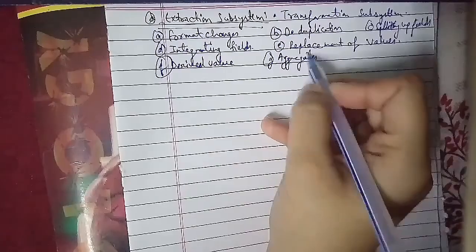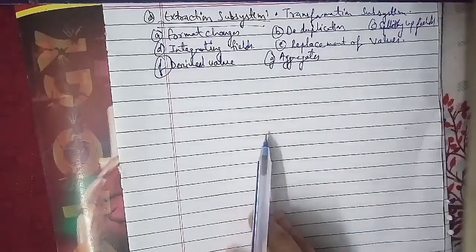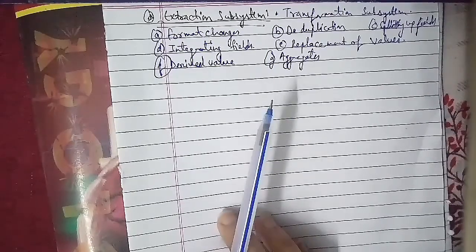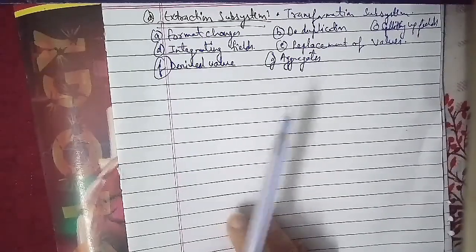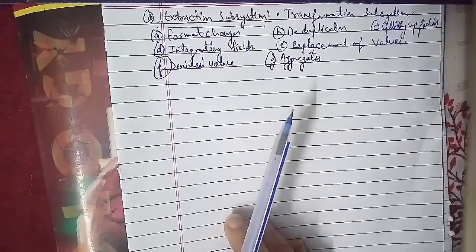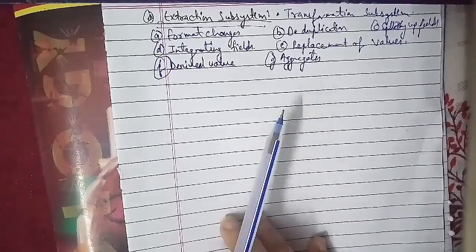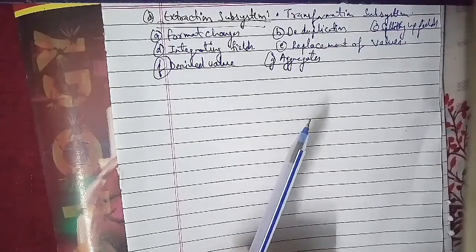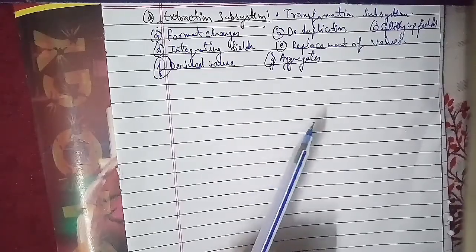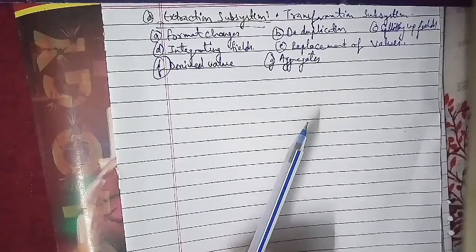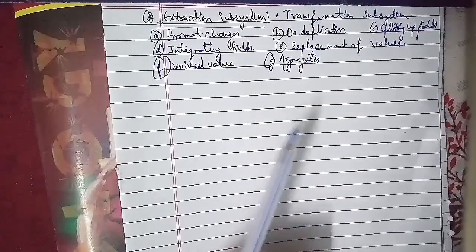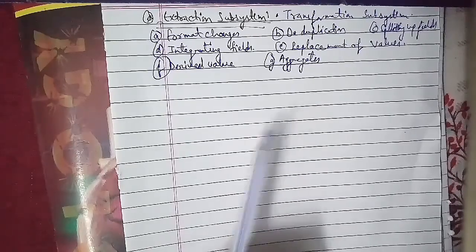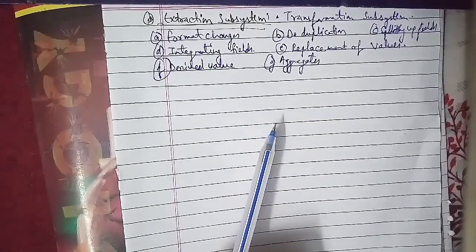Let's go ahead with the extraction and transformation subsystem that we have gone through, with the diagram here. This is your source, which is the system tables or copies.